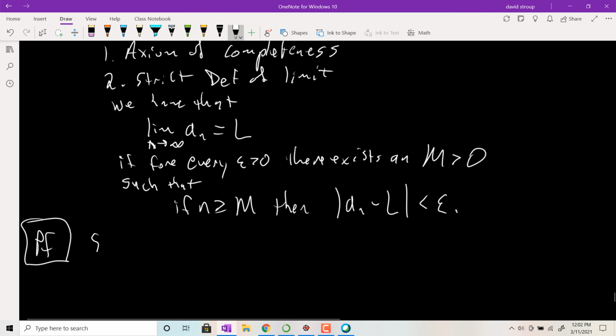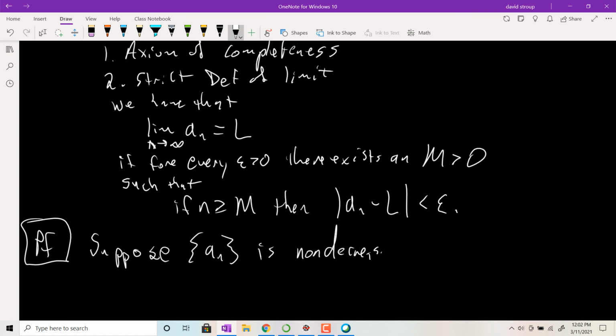Okay, so we'll begin with our suppositions. We're supposing that our sequence a sub n is, in this case, non-decreasing and bounded above.